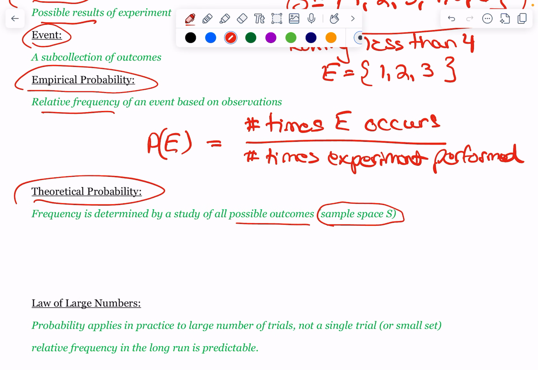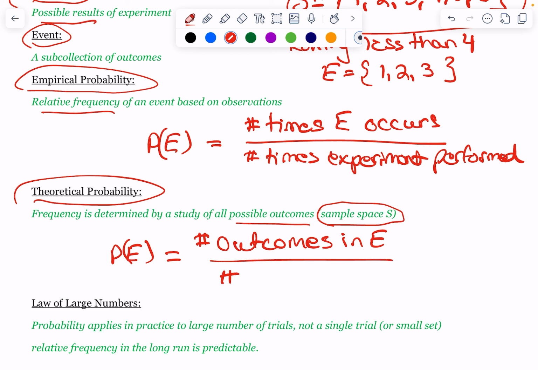That probability we calculate by taking the number of outcomes in the event and dividing it by all the possible outcomes.